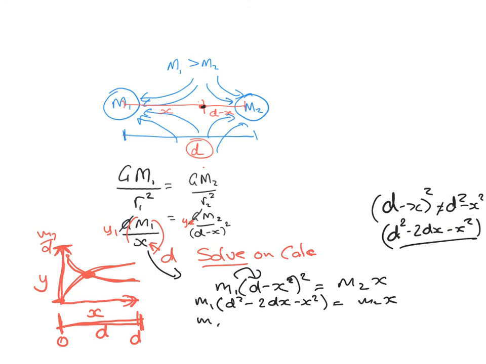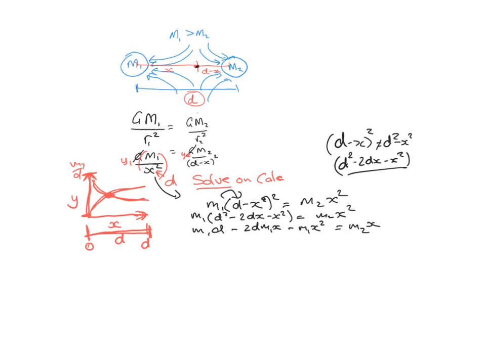Now we expand it out, we get m1 d squared, which is just a number, minus 2d m1 x plus m1 x squared equals m2 x squared. I lost a squared along the way, so I need to make sure I put that x squared back in. It was a bit of a bummer that I missed that, but that's okay.